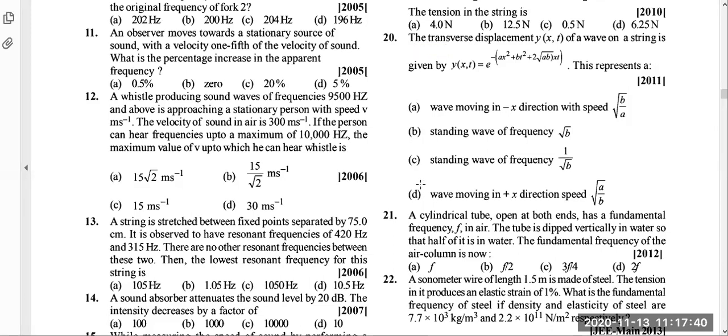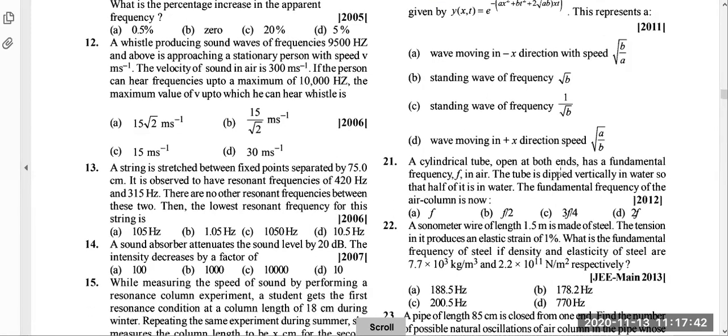Question 21. A cylindrical tube open at both ends. If it is open at both ends, then the formula of f will be nv by 2L. The tube is dipped vertically in water so that half of it is in water. Then it is basically one end closed, yes or no?